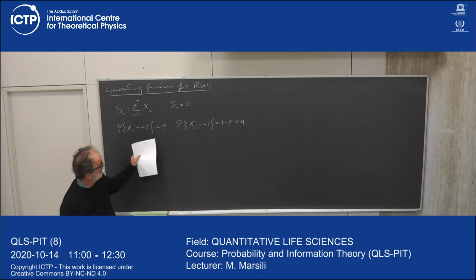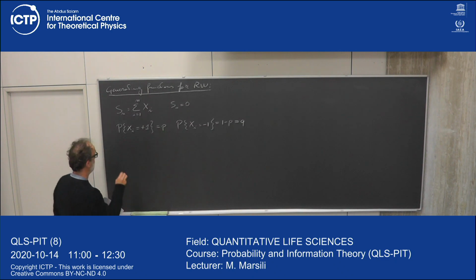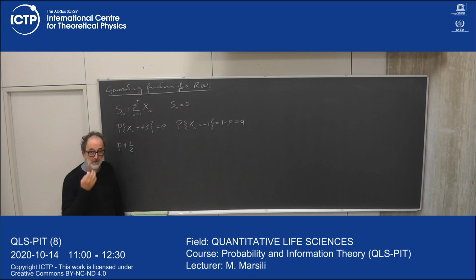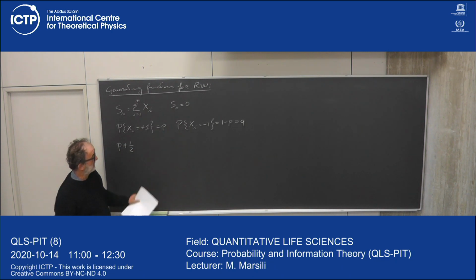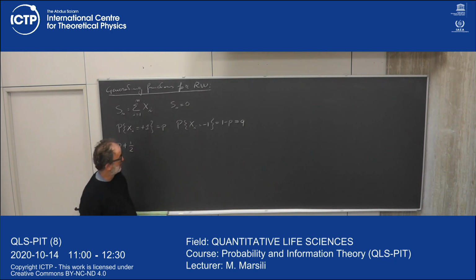Okay, so now if P is different from 1/2, for example if P is larger than 1/2, then the paths that are increasing, that are going upward, are going to be more likely than the paths that are going downwards.